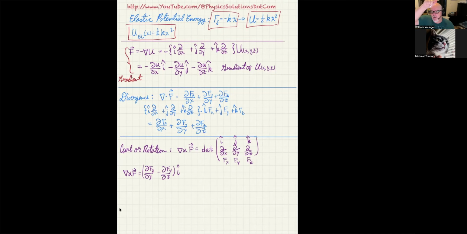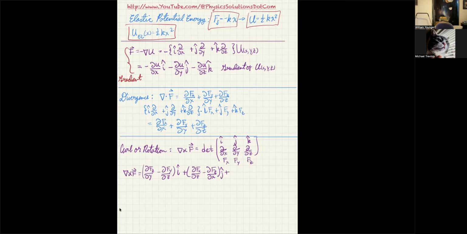So instead of going top left times bottom right minus top right times bottom left, I'm going to do it the other way, top right times bottom left minus top left times bottom right. So in this case, I'm going to write plus. Now I've covered up the j, and that's going to leave the partial of f sub x with respect to z minus the partial of f sub z with respect to x, and that is the j hat component.